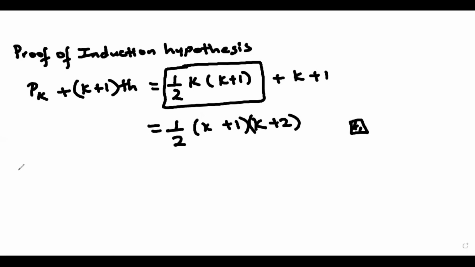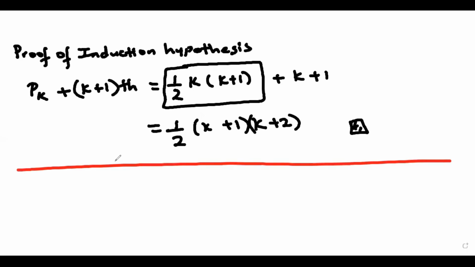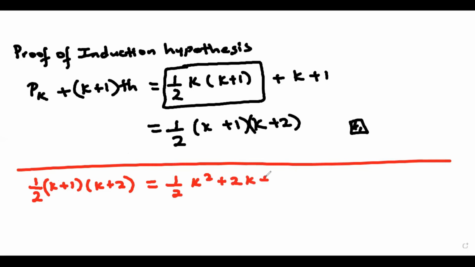So let me show you how we got that. So if you expanded half k plus 1, k plus 2, which was your induction hypothesis, you get half k squared plus 2k plus k plus 2. That will give you half k squared plus 3k plus 2.